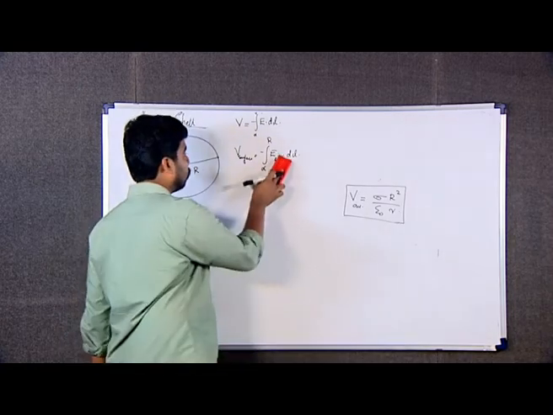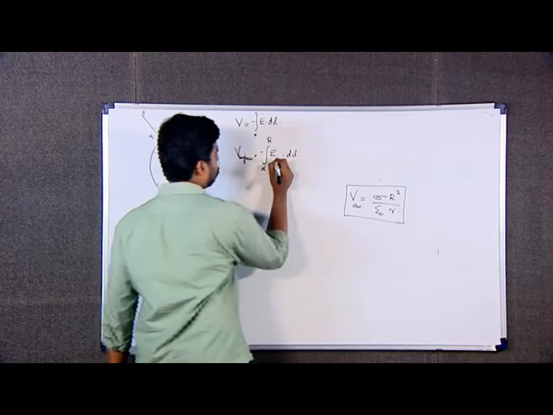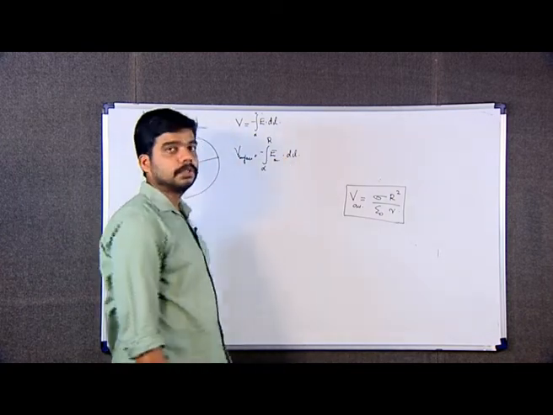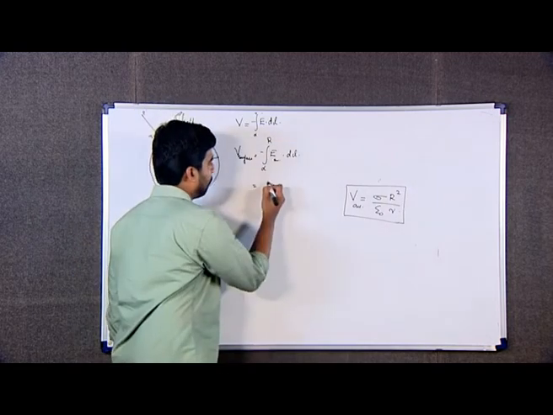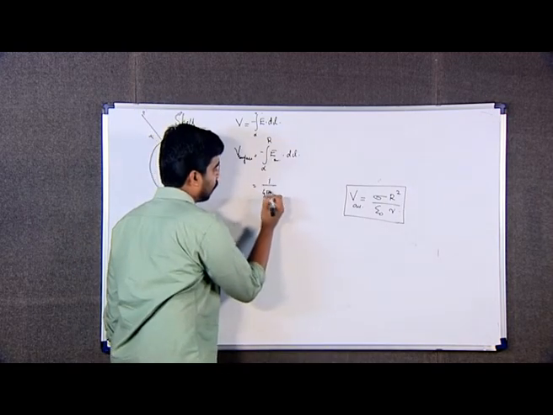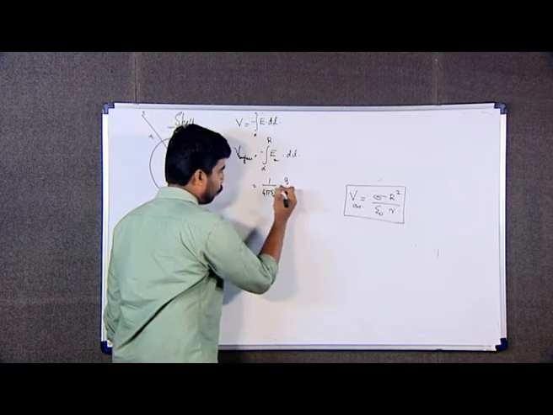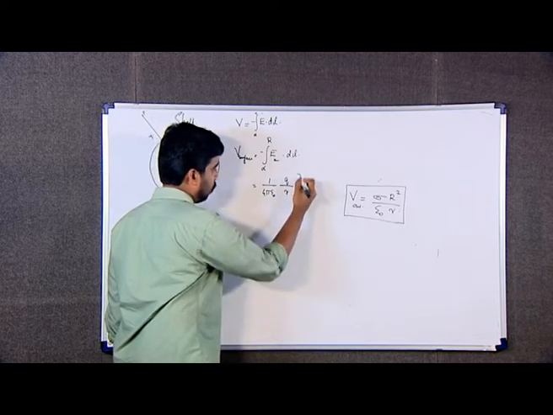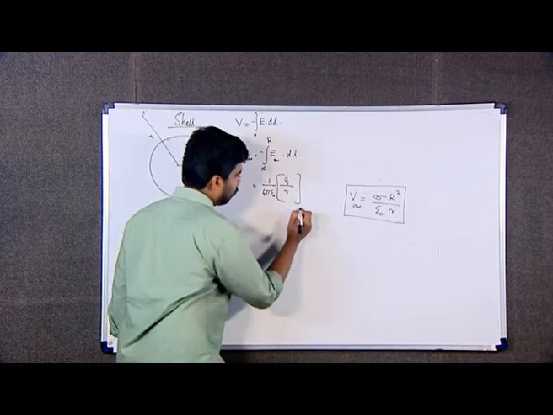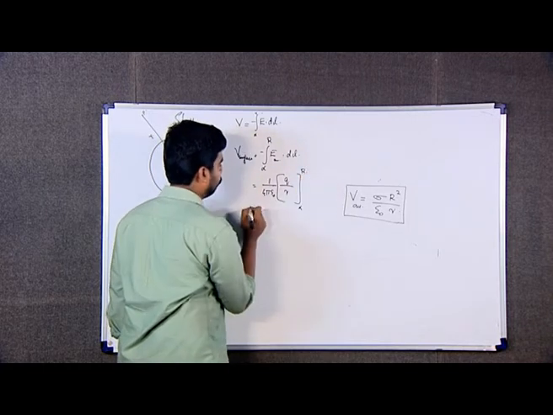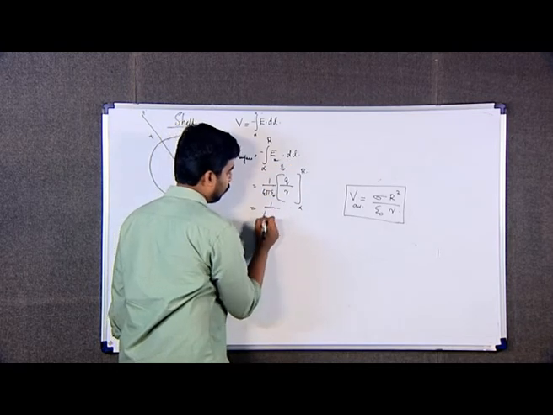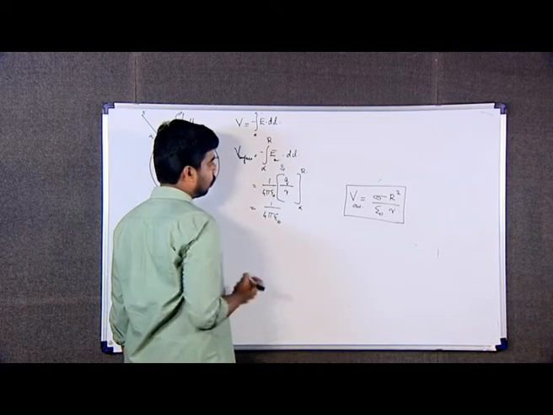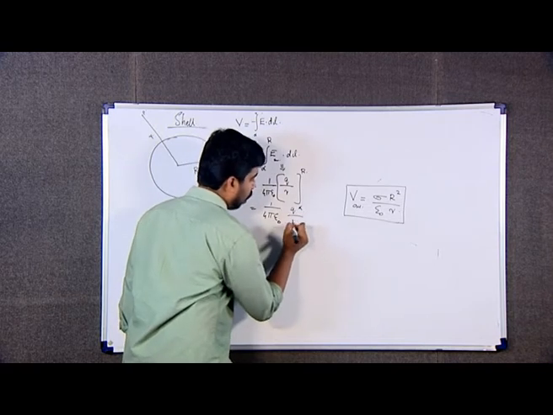For that integration we take the general expression for E out. So, you will get 1 by 4 pi epsilon 0 q by r into the limit from infinity to r, and you can try this term by yourself, which is equal to 1 by 4 pi epsilon 0 q by r.